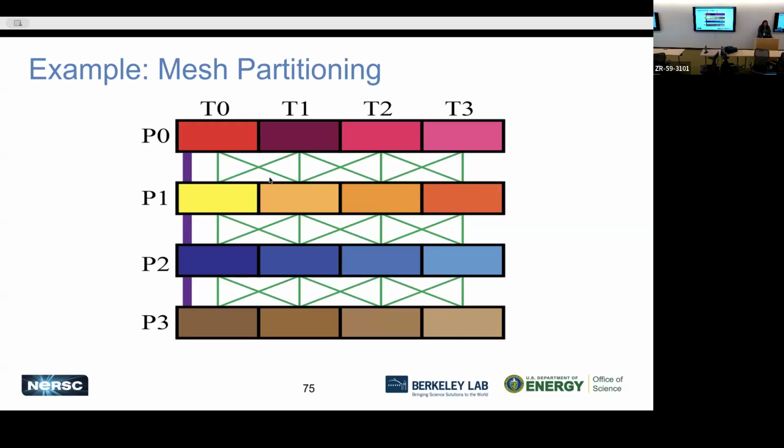The only point I'm trying to make here is that the communication pattern is going to differ depending on how we decide to set up our hybrid program, and we just have to consider what is the best way to do it.